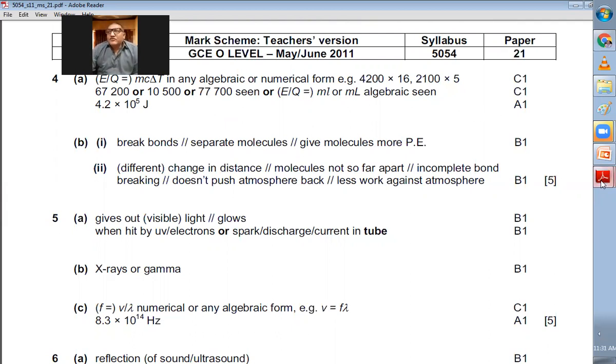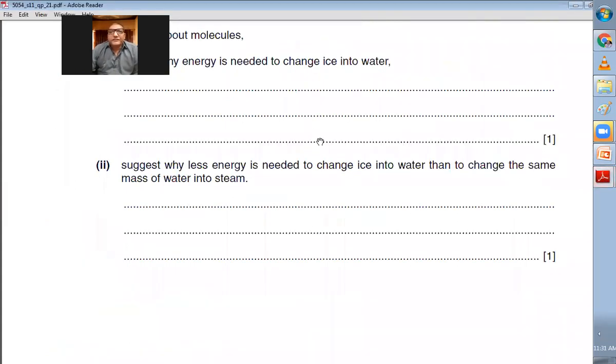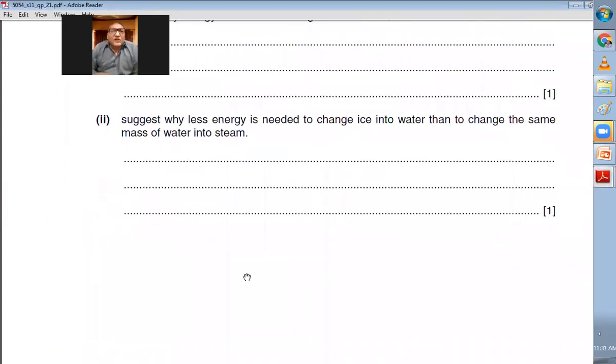So let's move to the next part. That's why less energy is needed to change ice into water than to change the same mass of water into steam. Try to understand this: when you convert water into steam, that's a state change, you have to completely break the intermolecular bonds.